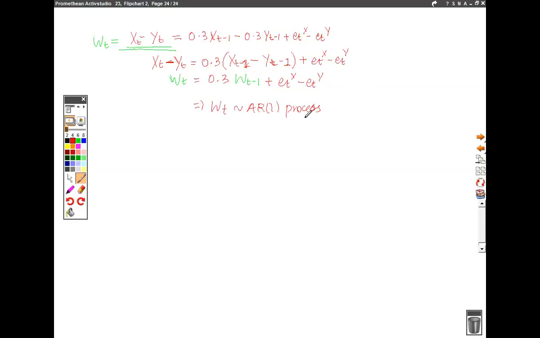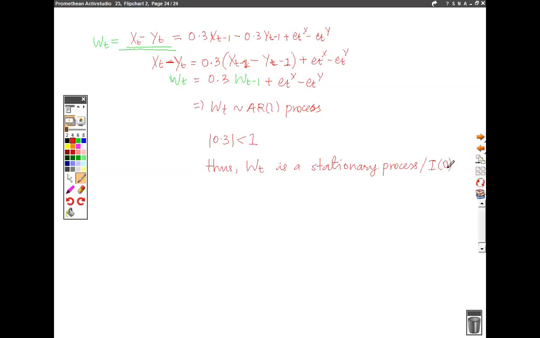And to check whether it's stationary or not, I know that 0.3 here is in absolute terms less than 1. Thus, wt is a stationary process, which is I0.